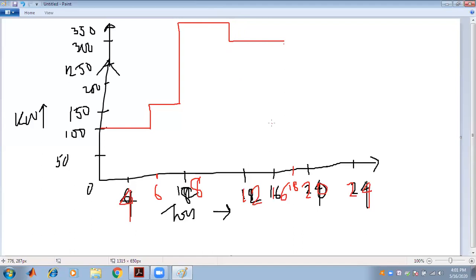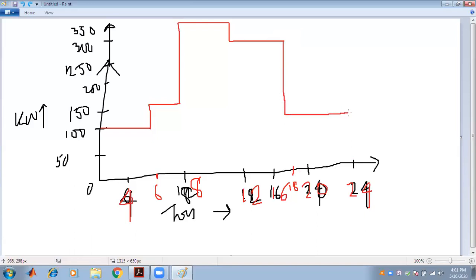Now from 18 to 24, it is 100 kilowatt. Means from here to here, it is 100 kilowatt. It comes down here and goes up to 24. So this is the total. It will come down to 100.